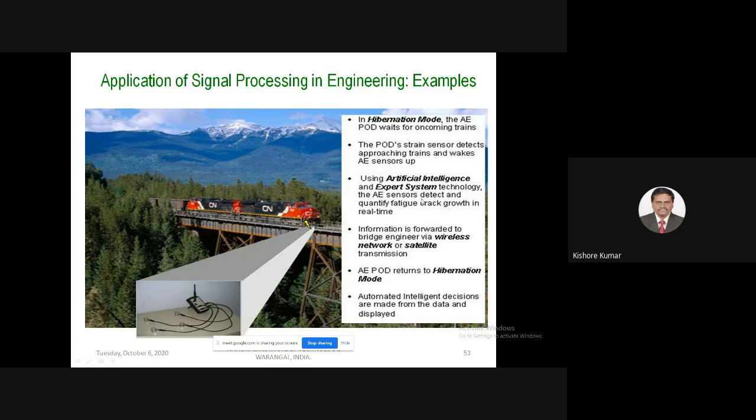The AI sensors detect and quantify fatigue crack growth in real time, so whatever fatigue crack occurs in the railway line, they will find out. The information is forwarded to the bridge engineer via wireless network or satellite transmission. Then automated intelligent decisions are made from the data and displayed. They use particular strain sensors to detect the approaching trains and wakes.